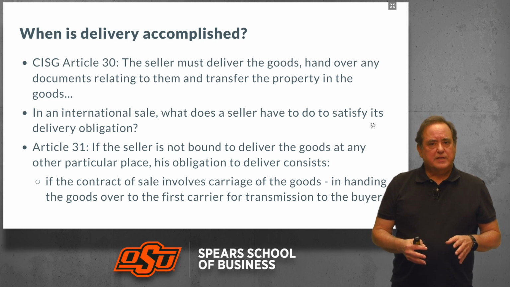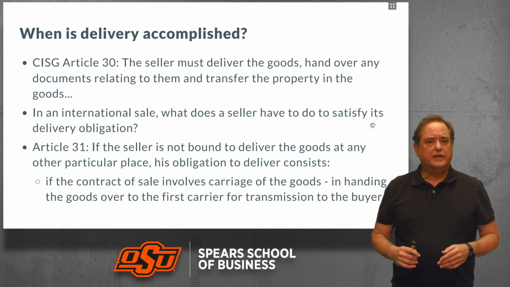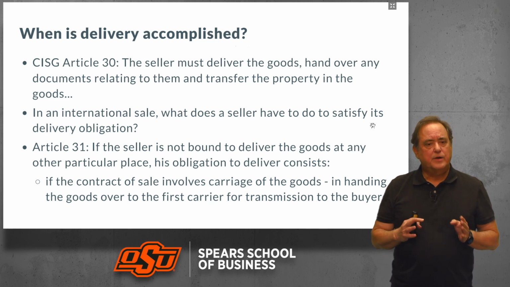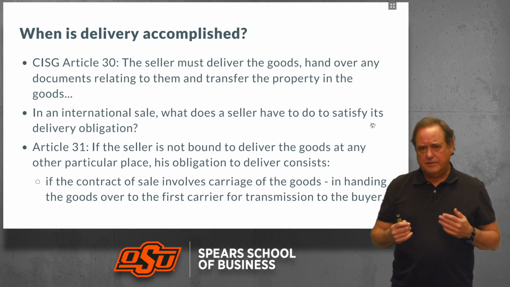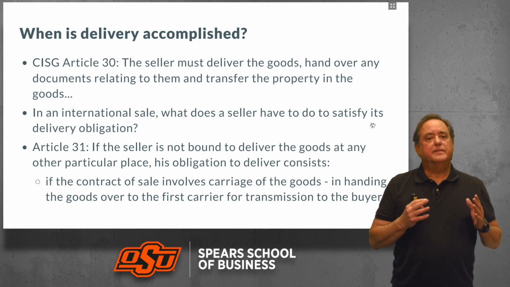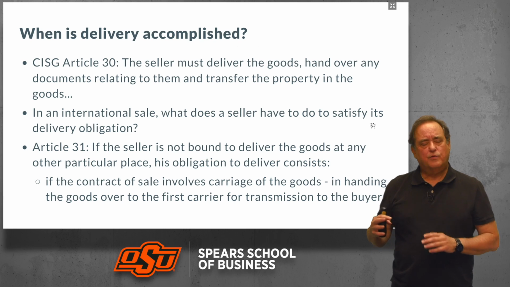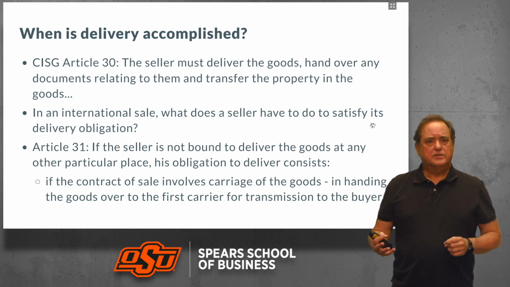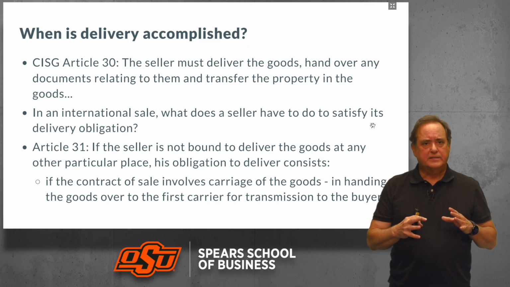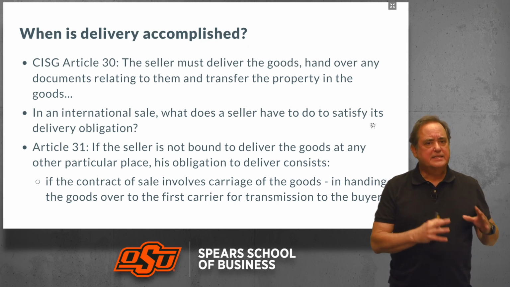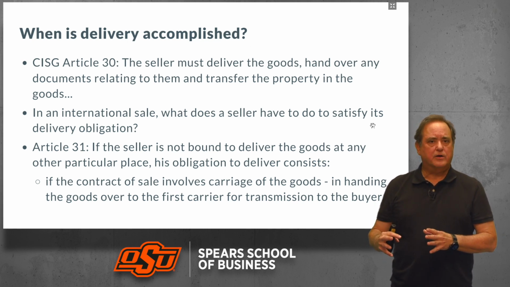In an international sale, what does a seller have to do to satisfy its delivery obligation? And again, we come back to that same notion. If the contract of sale involves carriage of the goods, then the seller must hand over the goods to the first carrier for transmission to the buyer. So delivery in a contract like this is accomplished by the seller giving the goods to the first carrier.